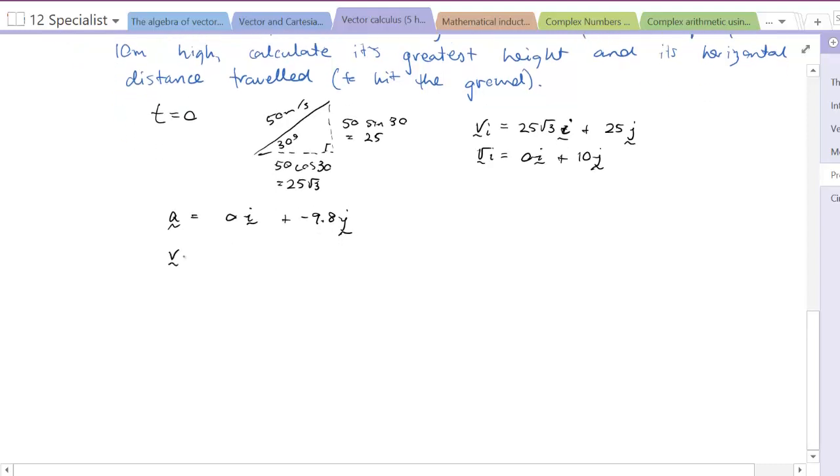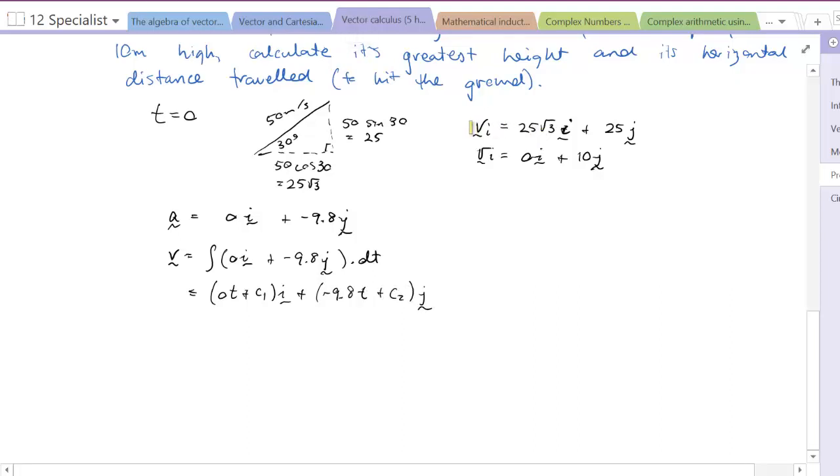We know the velocity will be the integral of the acceleration, so it will be the integral of 0 in the I and negative 9.8 in the j with respect to t. This becomes 0t plus c1, which of course is 0 in the I direction, and negative 9.8t plus c2 in the j direction.